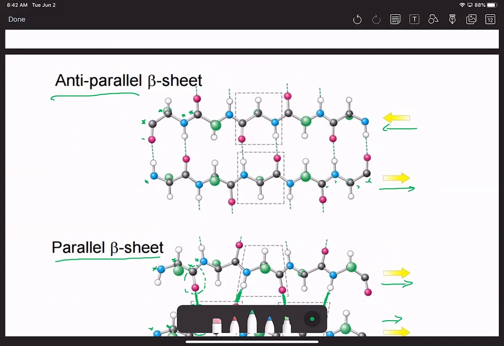Here we have a nitrogen, so these are running in opposite directions. And notice that those angles are gone. All of these hydrogen bonds occurring between them are no longer at an angle. So there are a couple of similarities and differences between the alpha helix and the parallel and anti-parallel beta pleated sheets.